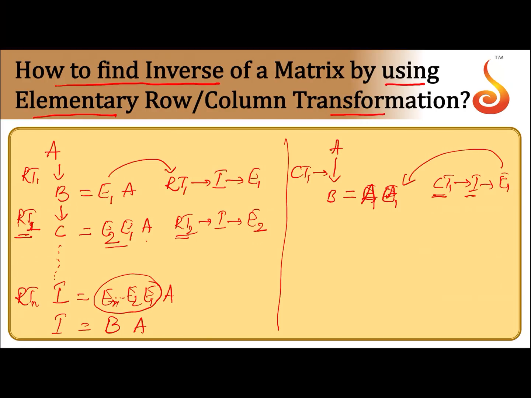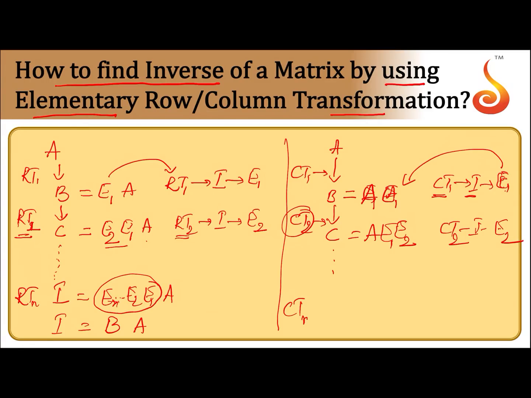Apply the same transformation on the unit matrix, which gives us the elementary matrix, and post-multiply. Continue with the second transformation on B, which gives us C, can be obtained by post-multiplying by another elementary matrix E2, obtained by applying the same transformation on the unit matrix.